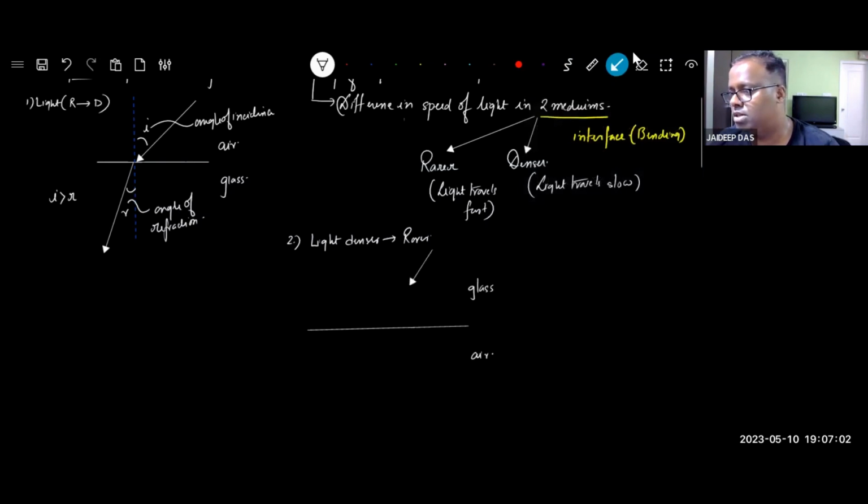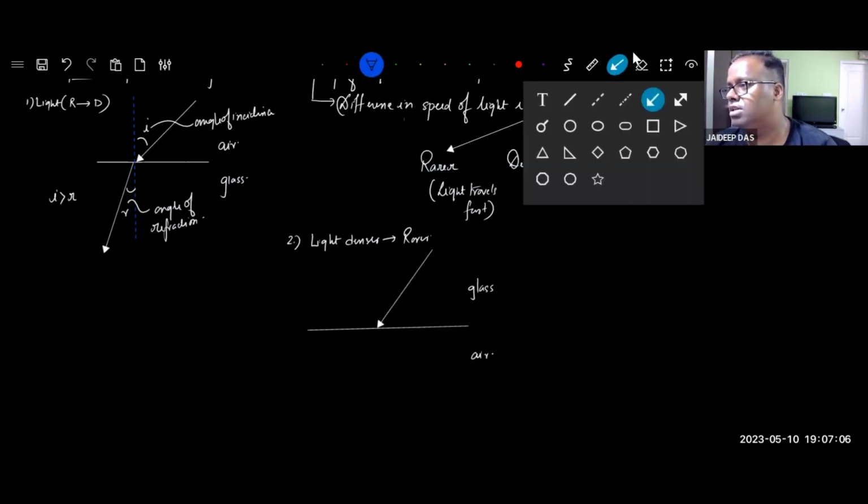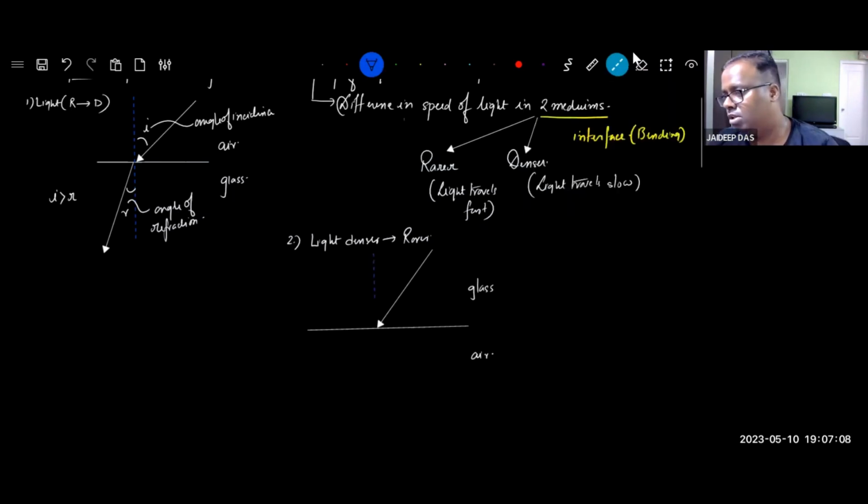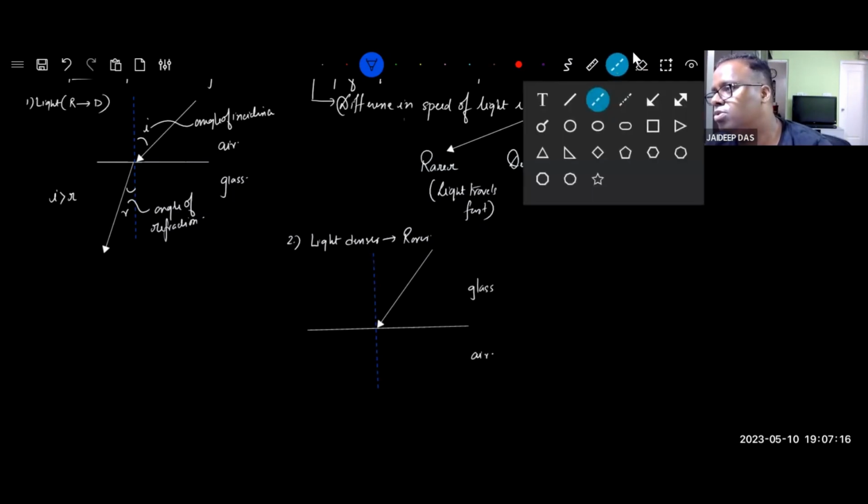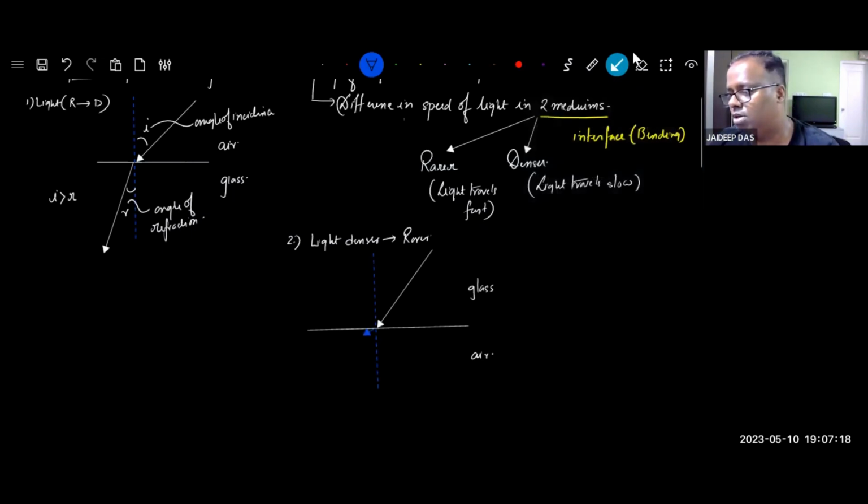This is my incident ray, and this is the normal at the point of incidence. Now you're going from denser to rarer, so your speed increases. You don't need any more support, so you will bend away from the normal.